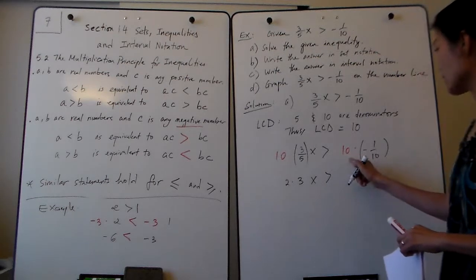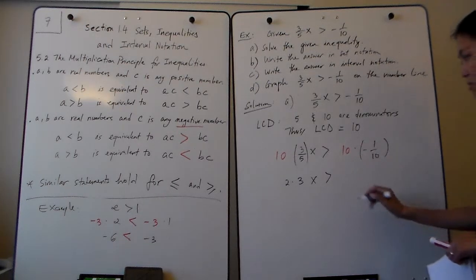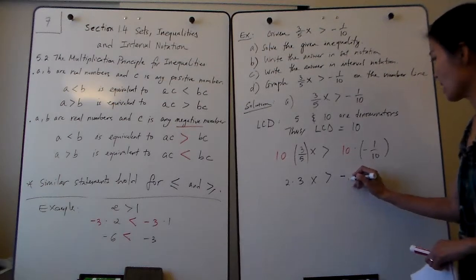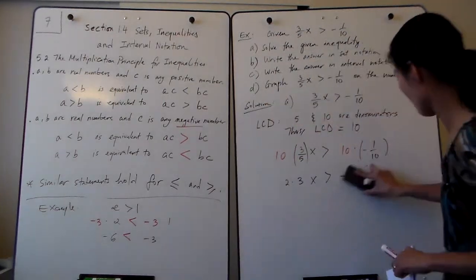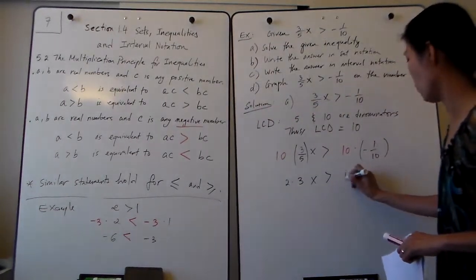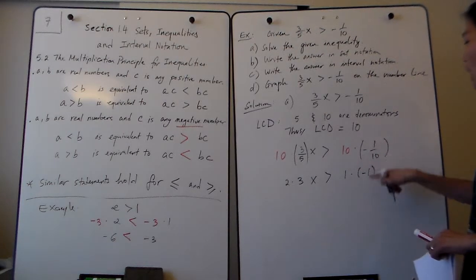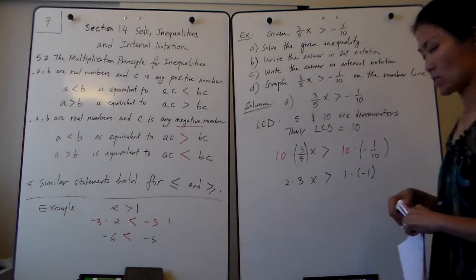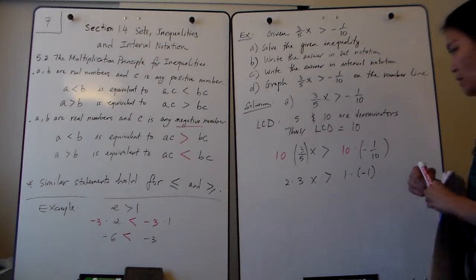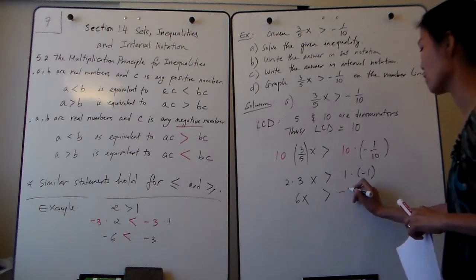Then 10 times -1/10: 10 divided by 10 is 1. Don't forget the negative sign inside the parentheses; the -1 comes from the numerator. Simplify further: 2 times 3 is 6x greater than 1 times -1, which is -1.